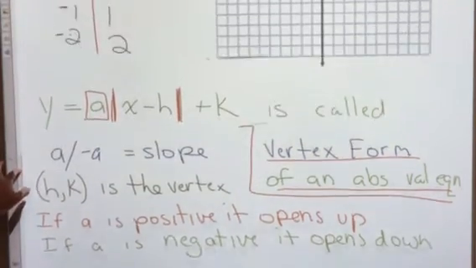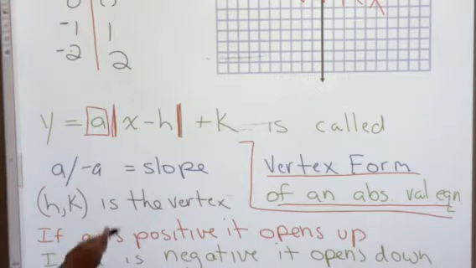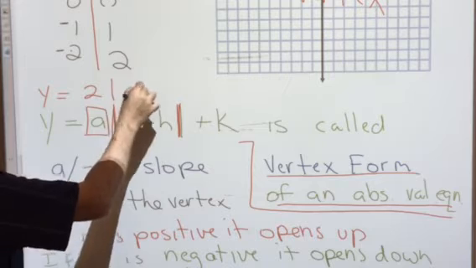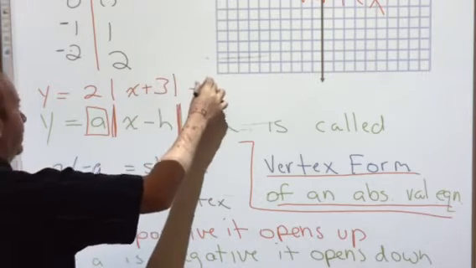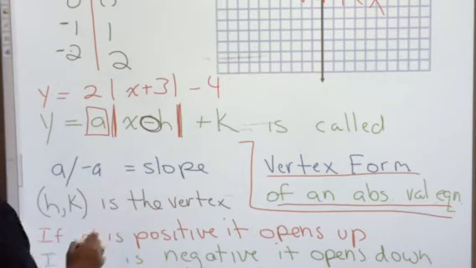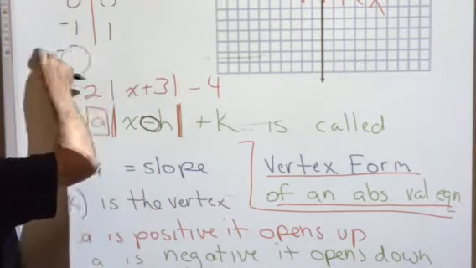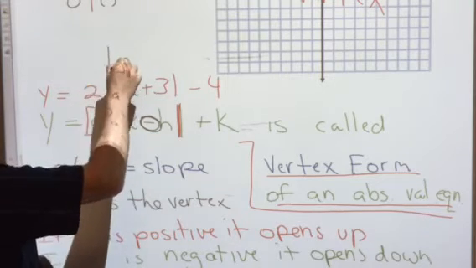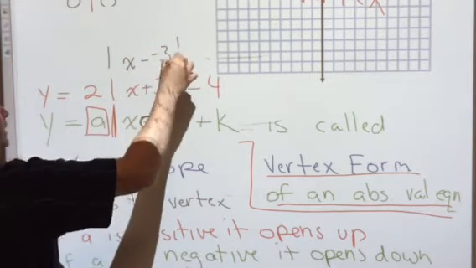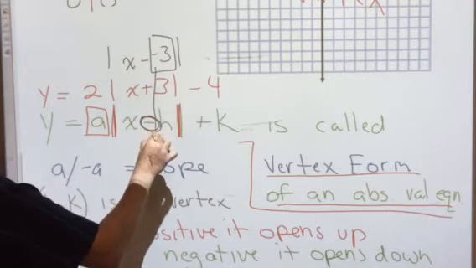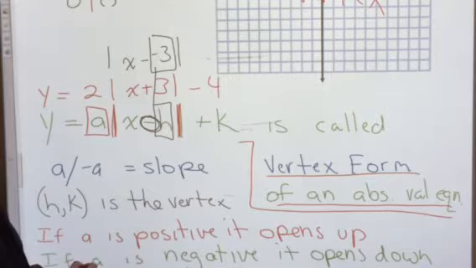Now, what I've seen 5 million times as a mistake is if you had y equals 2 times the absolute value of x plus 3, minus 4. In the form of the equation, this is supposed to be a minus. So if that's supposed to be a minus, what made it a plus? x minus negative 3 made it a plus. So really, h is negative 3.